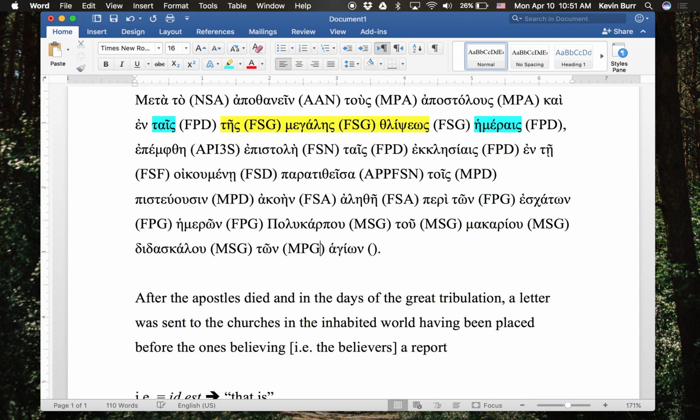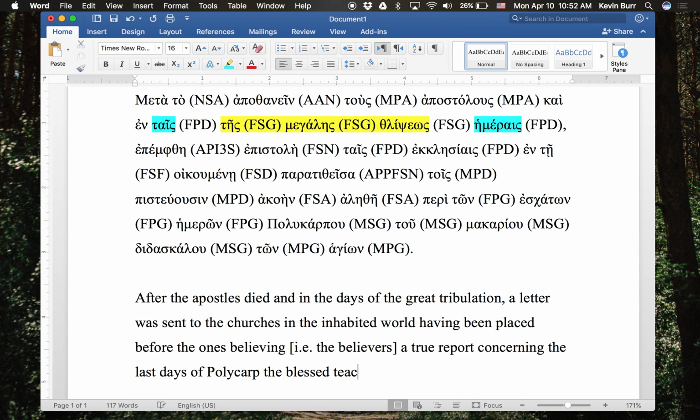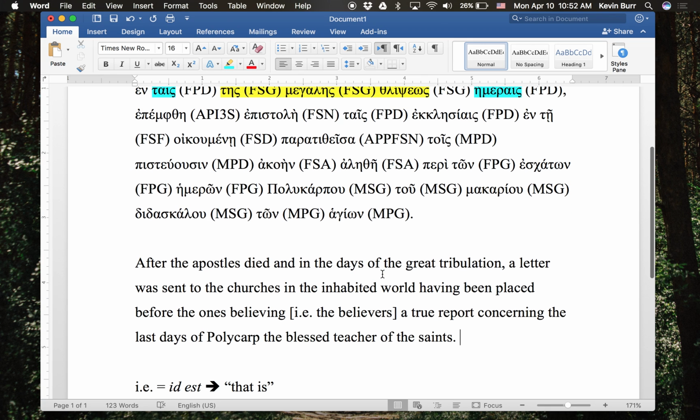So this is masculine plural genitive, and so this one is too. So: sent the believers a true report concerning the last days of Polycarp, the blessed teacher of the saints. Polycarp, the blessed teacher of the saints.